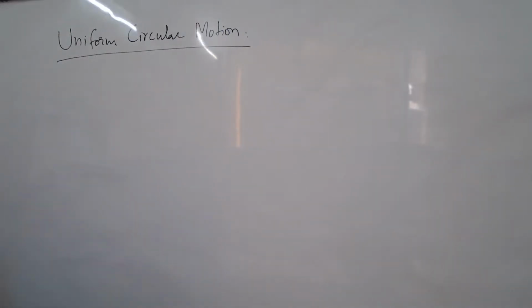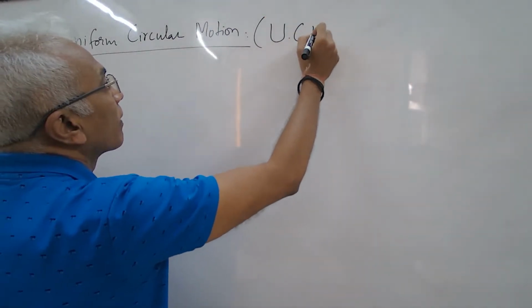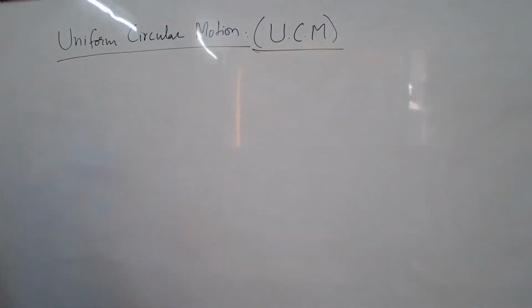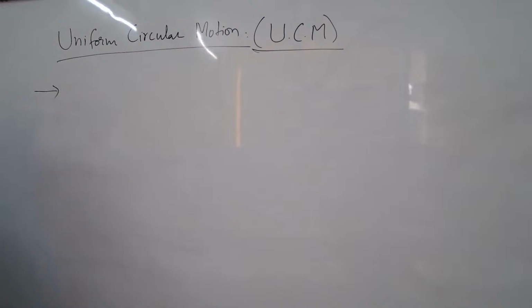Now, uniform circular motion, in short, is also referred to as UCM. Is this chapter completed in anybody's school? Okay. So, any idea what's UCM?